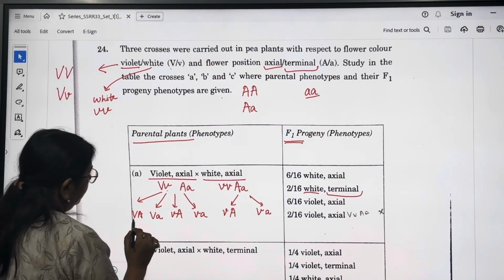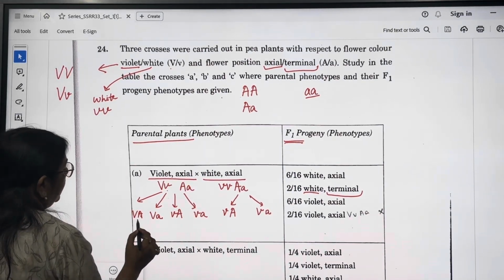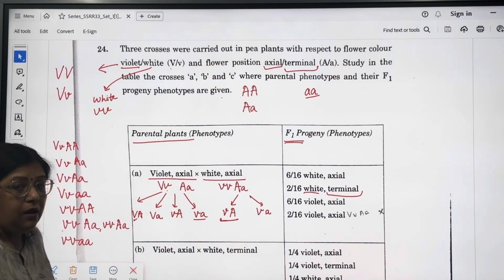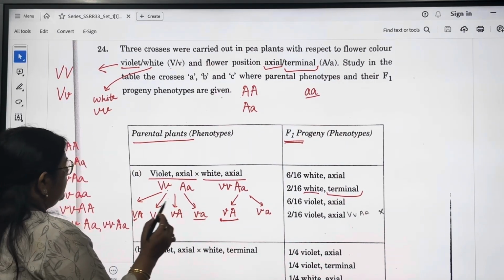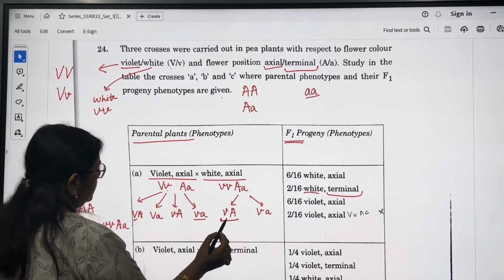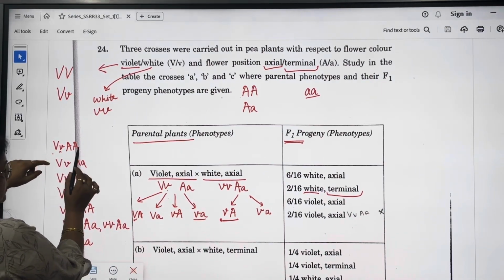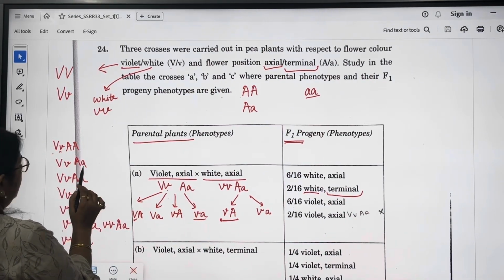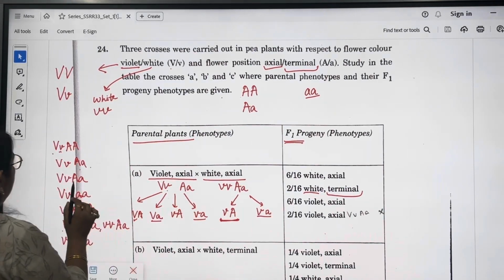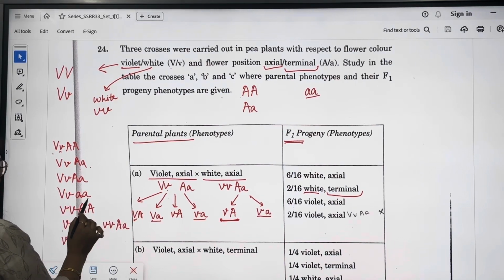Now we have to find out the genotypes of the progeny. When we cross these gametes with these gametes, capital V capital A with these two gives capital V small v capital A capital A and capital V small v capital A small a. The next with these two gives capital V small v capital A small a, and capital V small v capital A small a.